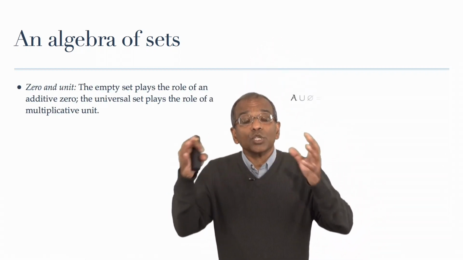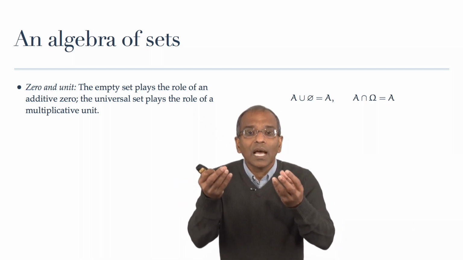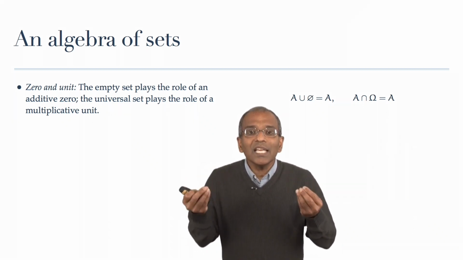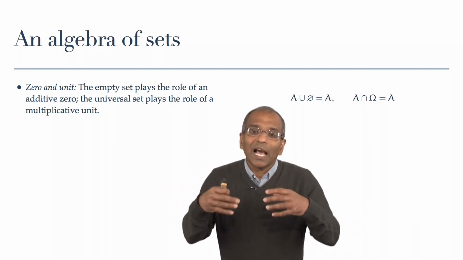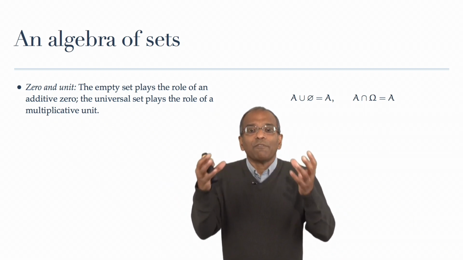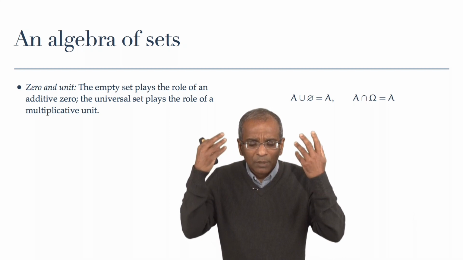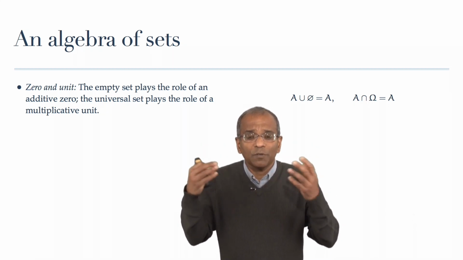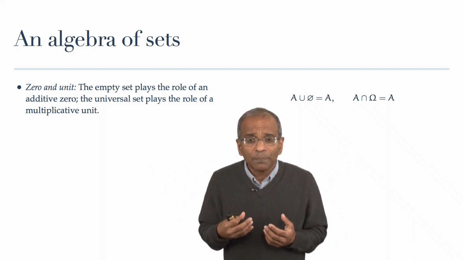In the structure of sets, we have specific sets which have these properties, and these play the roles of a zero and a unit in the algebra of sets. So, if one takes, let's say, a subset A, and again we have in mind an abstract universal set, uppercase Omega, lurking in the background, as it were.